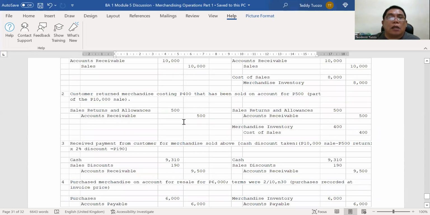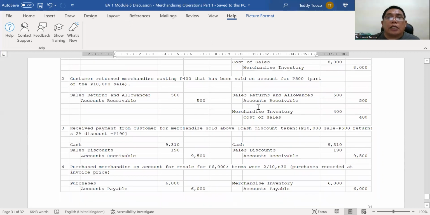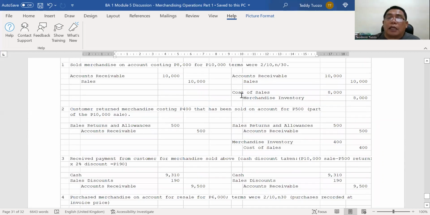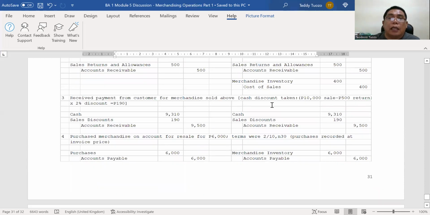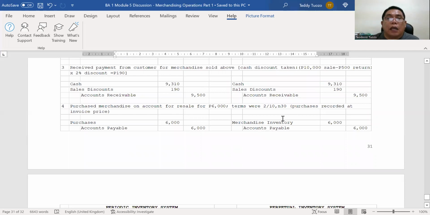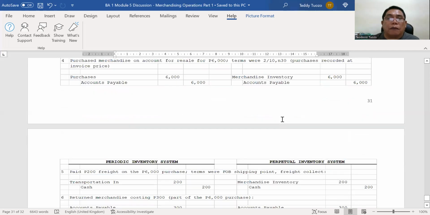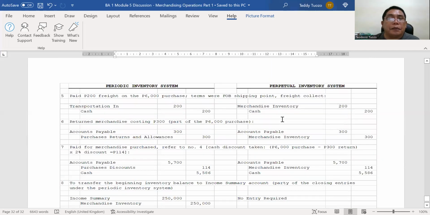Sales returns, there is an additional entry, reversing the entry that was for the sale. Cash discounts, if there is any. So actually no difference under perpetual and periodic inventory system. For transportation in, the account title used is merchandise inventory for perpetual.